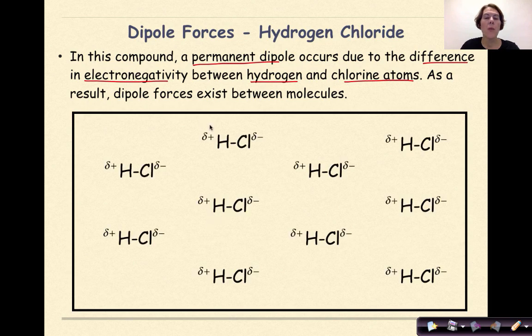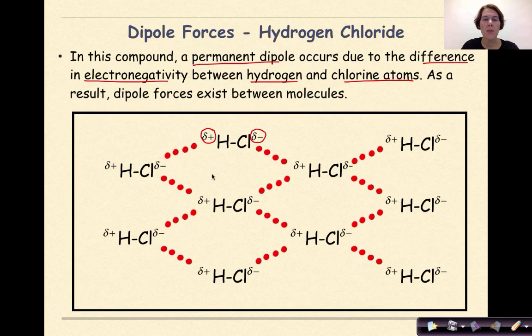Here they are, and we can see the slightly positive hydrogen end and the slightly negative chlorine end. When we add the dipole forces in between, again, we can see that these dots go from the slightly negative end of one molecule to the slightly positive end of another molecule. So you have another representation of dipole forces between molecules.